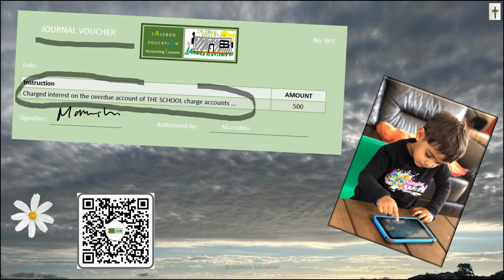it's saying that the school, a customer of ours, has been charged interest on their overdue account, and they haven't paid in time. The amount is 500.